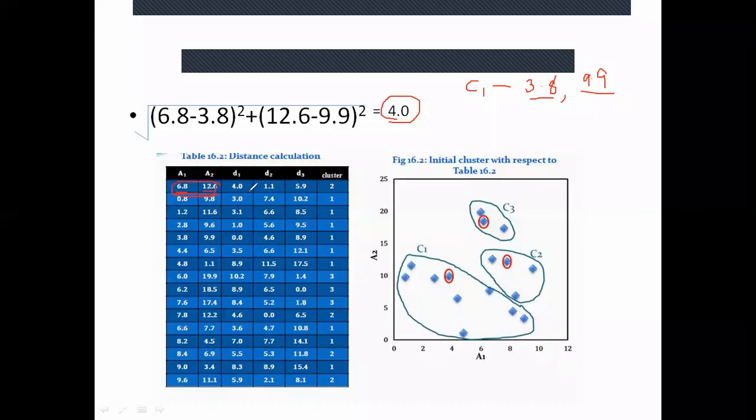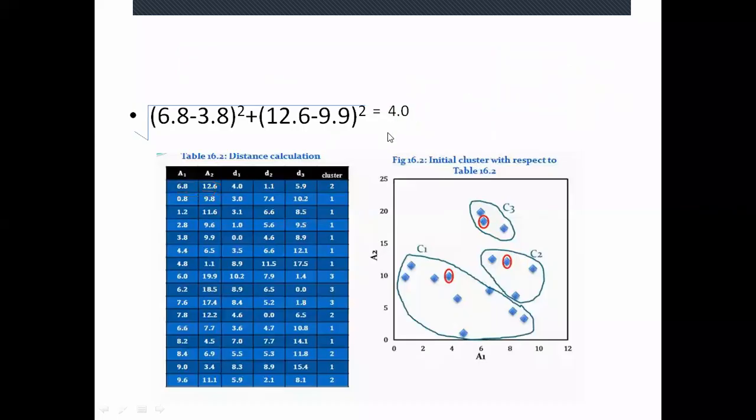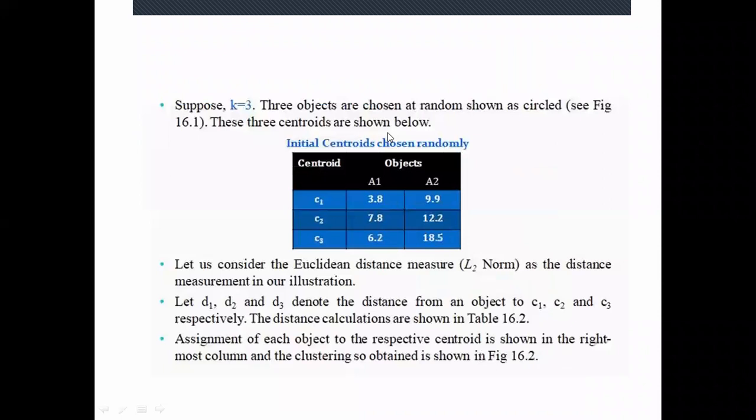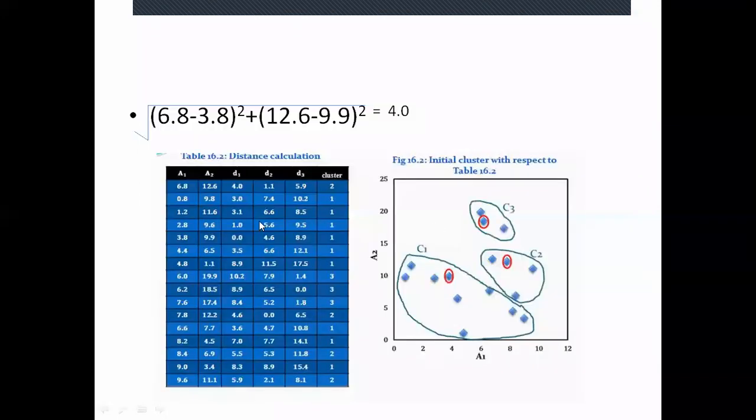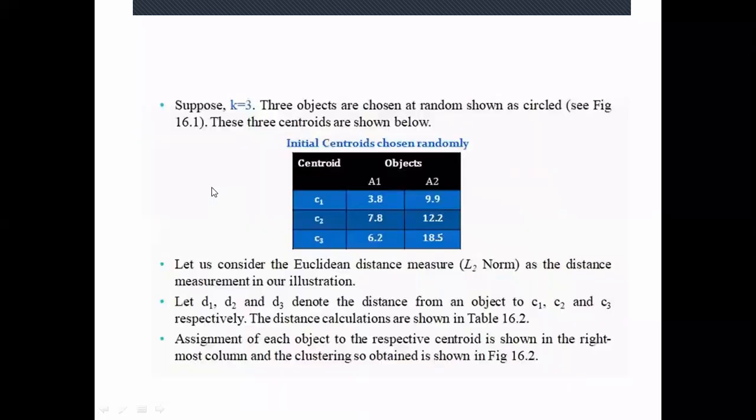Okay. Similarly, you need to find the distance of this data point from cluster C2. The dimensions of cluster C2 are 7.8 and 12.2. So you write 6.8 minus 7.8 whole square plus 12.6 minus 12.2 whole square.